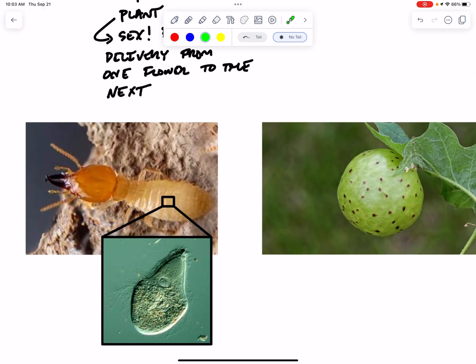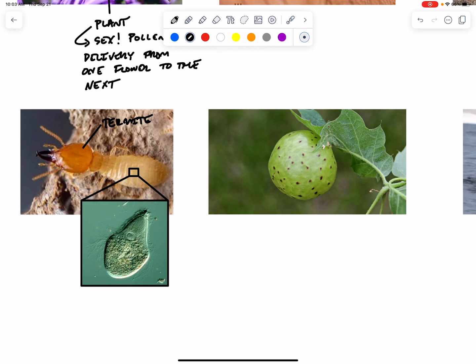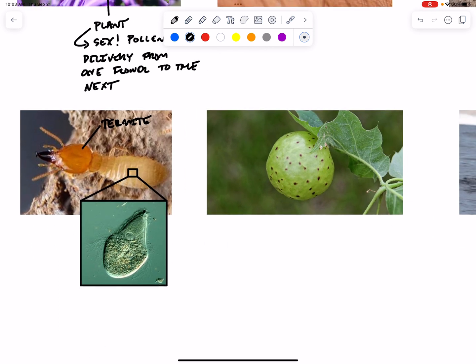Okay, our next example of a mutualistic relationship are termites, which we have been examining in class. So here's an example of a termite. And a little microorganism living inside of the termite's gut, which is called Trichonympha.